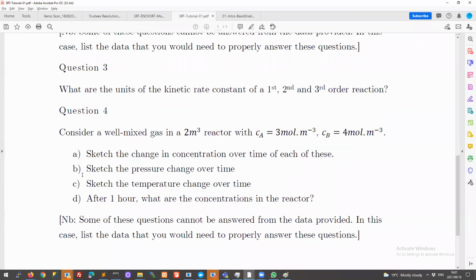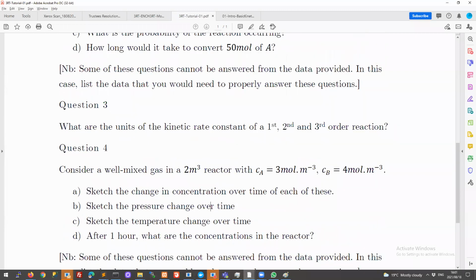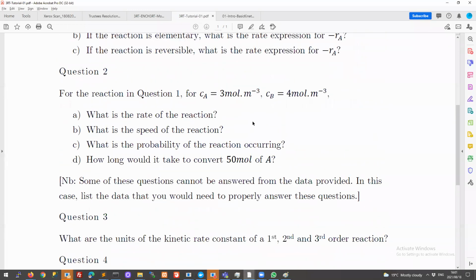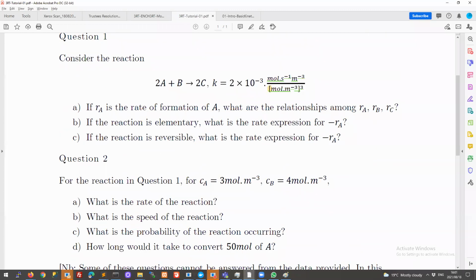Another interesting one here, what's the pressure going to do over time? Right, and so it says it's a gas, so this reaction is happening in the gas phase. So maybe can you tell me quickly, what's the pressure going to do in this case? Stay the same, go up, go down? So maybe thumbs up if it goes up, thumbs down if it goes down.